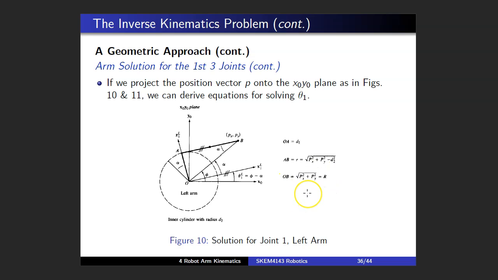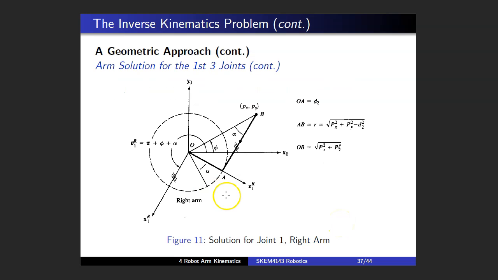And AB, according to the Pythagorean theorem, this squared plus this squared is this squared, so AB is given by this equation, and we call it small r. OB is capital R. We'll be using all this later.